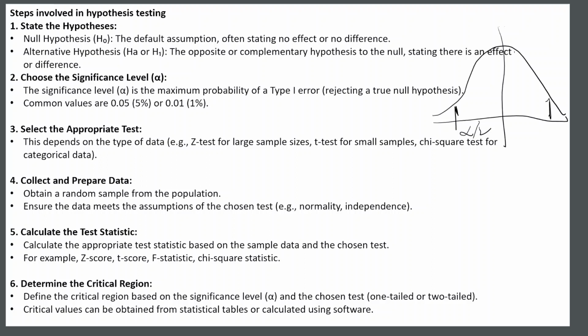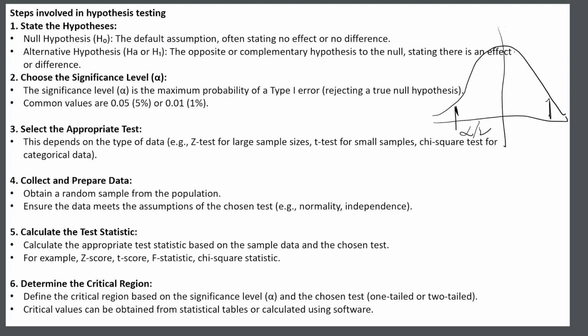Then once we do the collection and preparation of the data, we calculate the test statistic. If it is a z-test, we just calculate the z value for the given mean value, and we compare the z value with the significance level, and we decide.